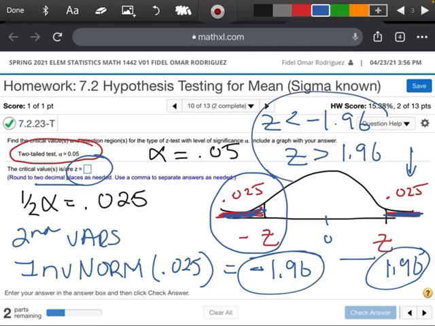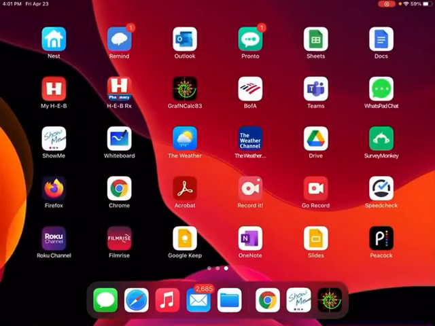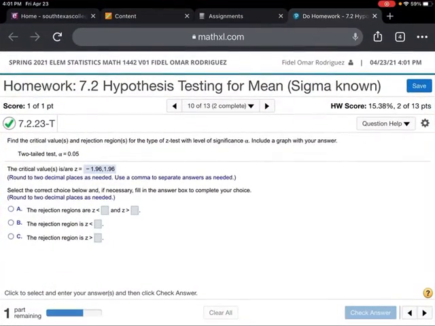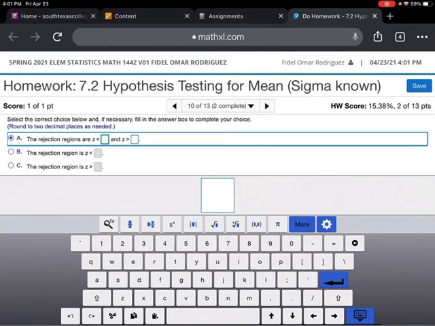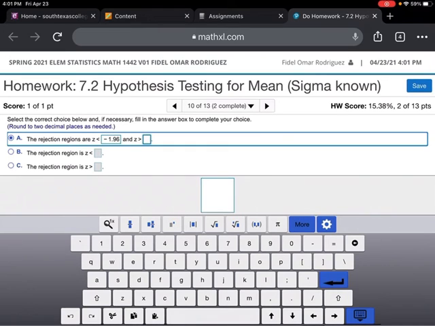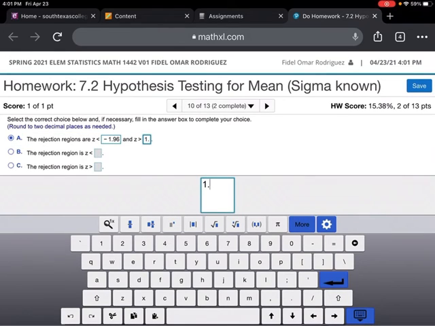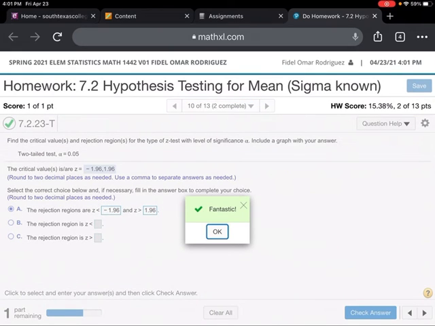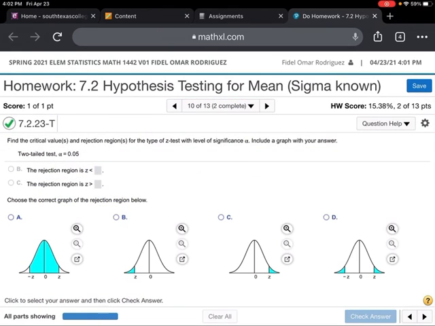So this is what I'm looking at when I'm going to answer part B. So I'm going to say right here, when it's less than a negative 1.96, and when it's greater than positive 1.96, okay? We're going to check our answer again. Perfect. And now it's asking me, pick a graph.